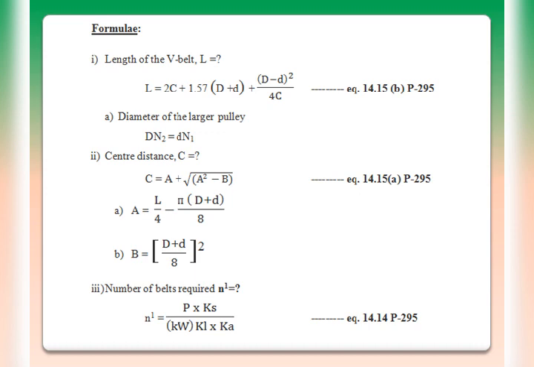L is equal to 2C plus 1.57 into capital D plus small d plus capital D minus small d whole square divided by 4C. Here, since center distance C is given, capital D is unknown, small d, the diameter of the driver pulley, he has given. The diameter of the driven pulley we are supposed to find.